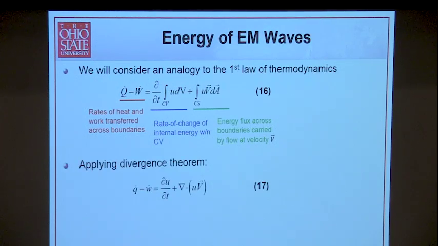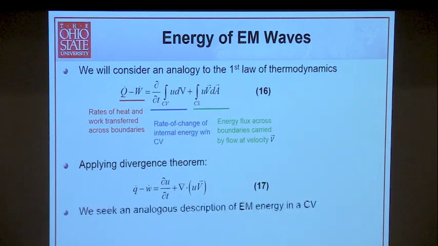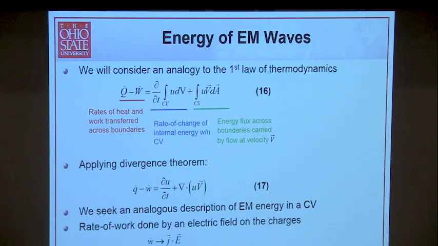Applying a divergence theorem, we end up with this. Okay, in a laser diagnostics class, we're not going to do anything else with the first law. But we want an analog with propagating electromagnetic fields. Okay, so the first thing we're going to do is seek to find an analog for each one of these terms. And so the first one, Q dot, we're going to ignore.